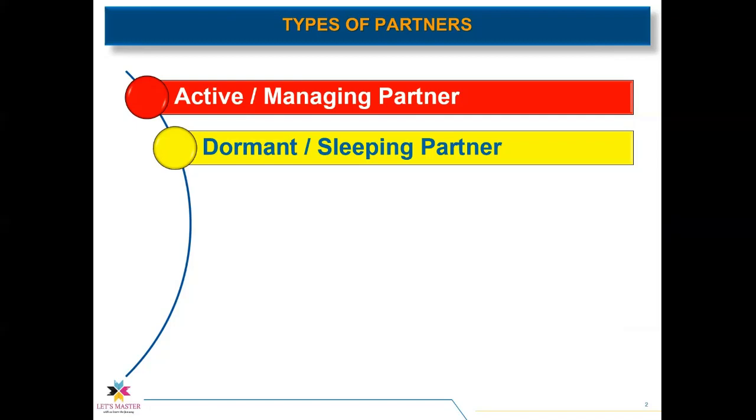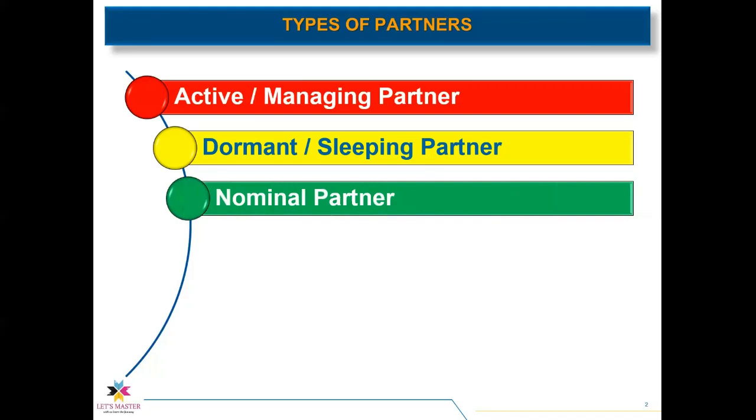But remember this: the rights of any partner are not decided by their status. All the partners of a partnership firm have all the rights which we discussed on the previous slide. So don't get confused that active partners will have more rights as compared to a dormant or sleeping partner.